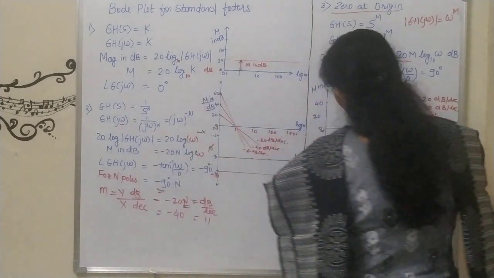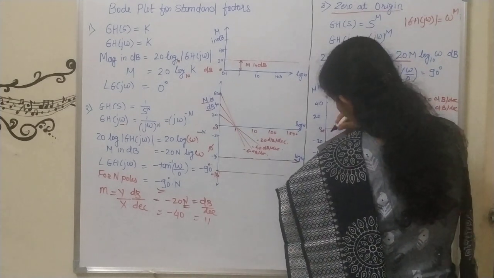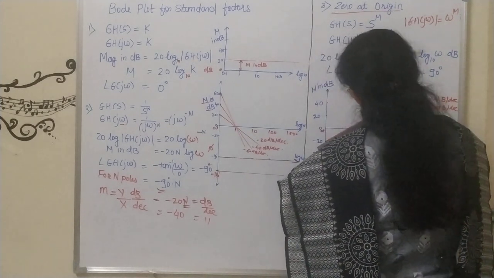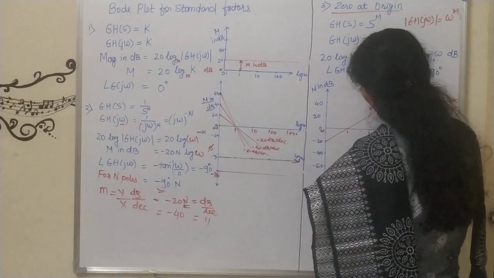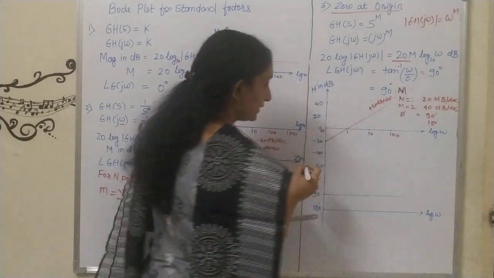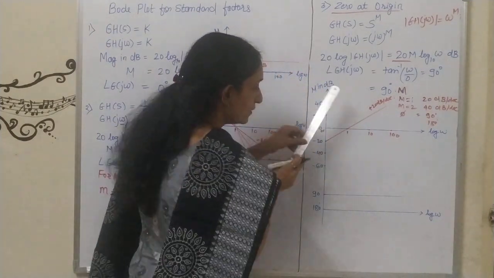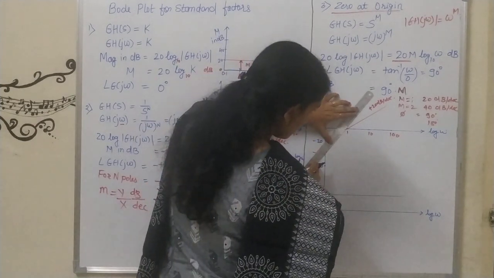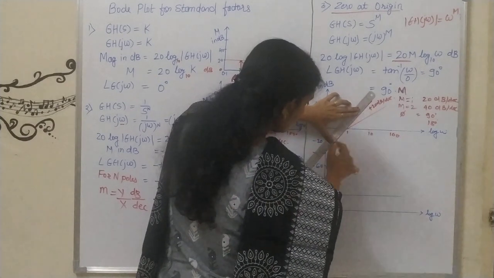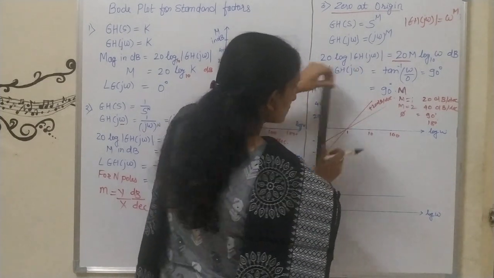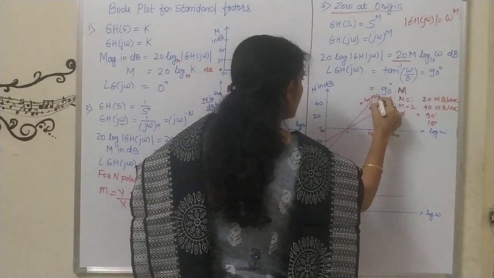I am joining this minus 20 and 1 line. So this is my line slope of plus 20 dB per decade. I hope you are getting this. For drawing the next, plus 40 dB per decade, I will join 40 and 1. So the next line is plus 40 dB per decade.